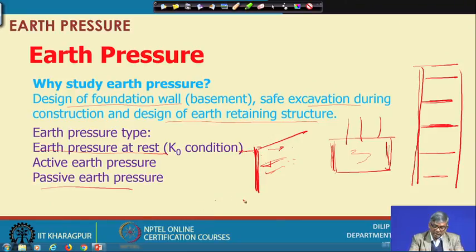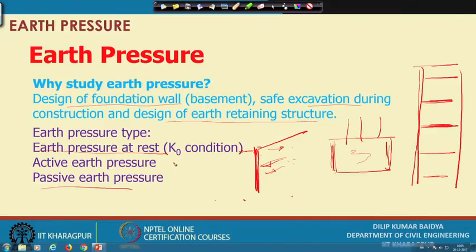Now, you have to get an idea, out of these three (earth pressure at rest, active and passive), which is the maximum and which is the minimum. If the wall moves away from the backfill, it is loosened. That means the pressure will definitely be reduced. So, active earth pressure will have the minimum pressure, and it is less than the pressure at rest.